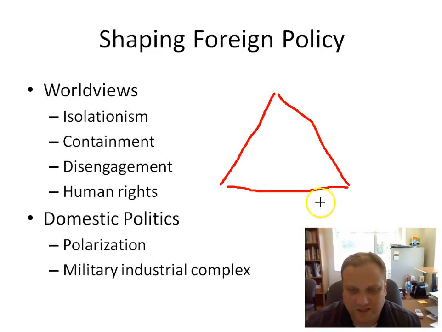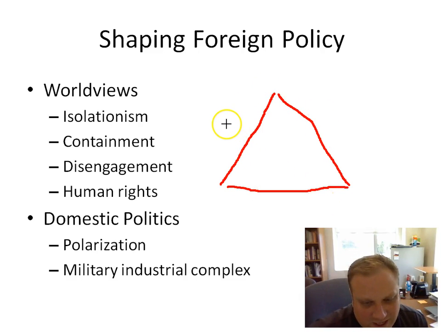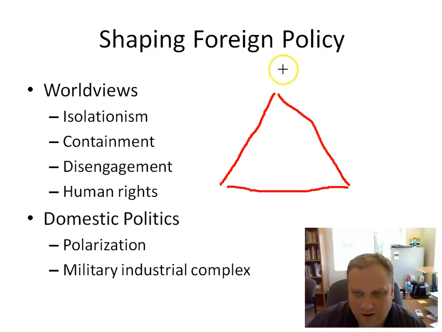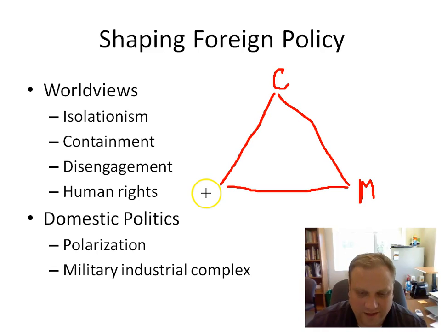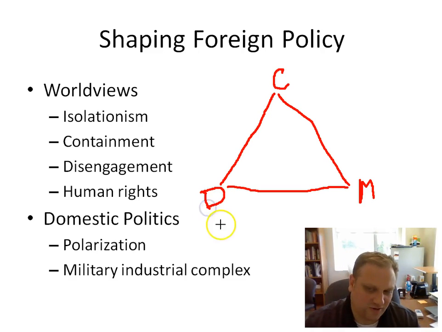If we think of each leg of the triangle as a group, this will be for Congress, okay? This will be, say, for the military, and this will be for defense industries or contractors.